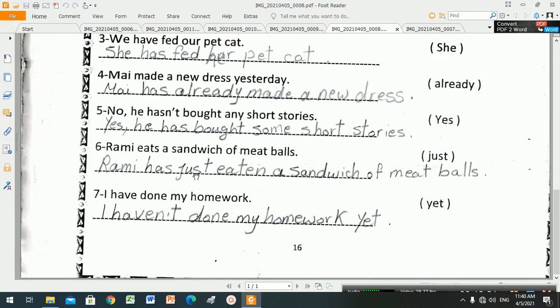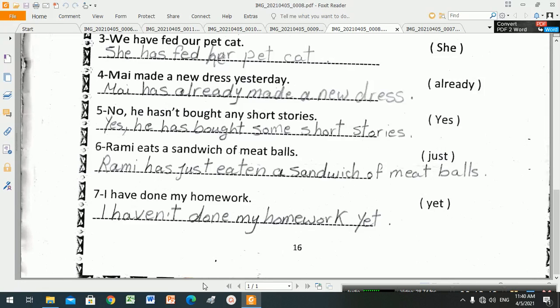Rami has just eaten, and this is the third form of eat. Eat, ate, eaten. A sandwich of meatballs. And you have to memorize the irregular verbs. It's very important to memorize the irregular verbs. You must memorize the irregular verbs.